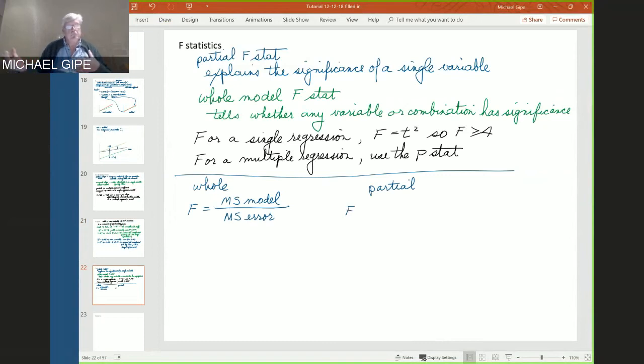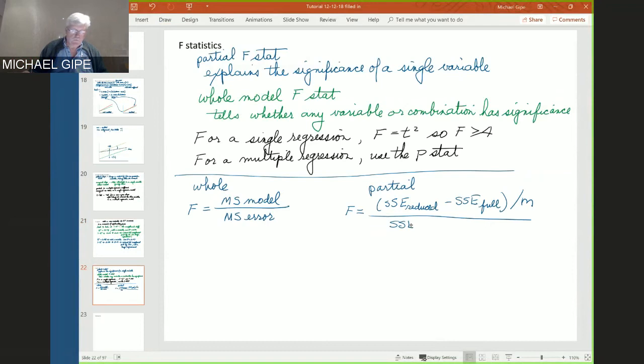The partial is a little more complicated. It's done by pulling out individual variables and looking at the impact. And you don't need to know this, but it's the sum of the squared errors of the reduced model, that is the model without that variable, minus the sum of the squared errors of the full model, divided by m. Tell you what m is in a minute.